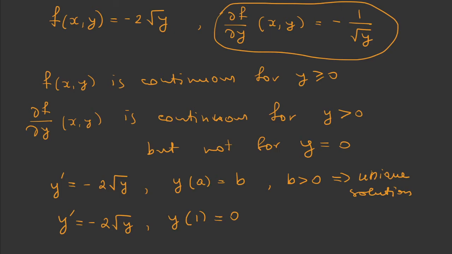One really needs to investigate further, for example, by solving the equation and trying to find particular solutions that satisfy that initial condition to find out whether or not this initial value problem has a unique solution. In fact, we observed that this initial value problem has infinitely many solutions.